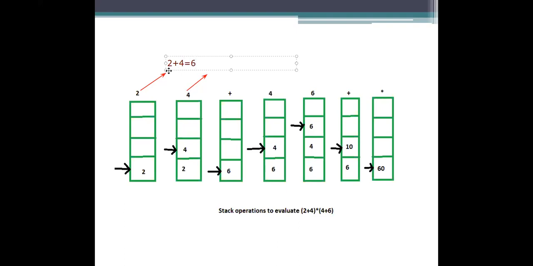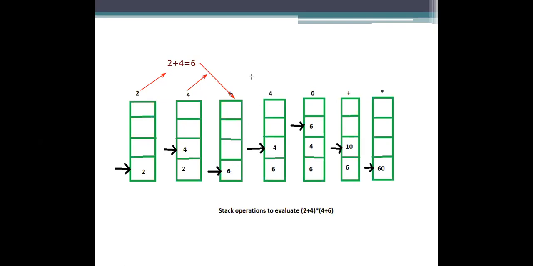So it takes 2 plus 4, and the addition is performed. The value it got by performing the action will be stored back into the stack. So the answer will be 6, that's why it is specified as 6.